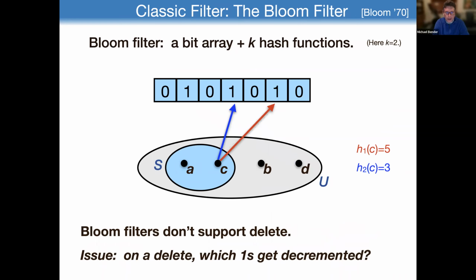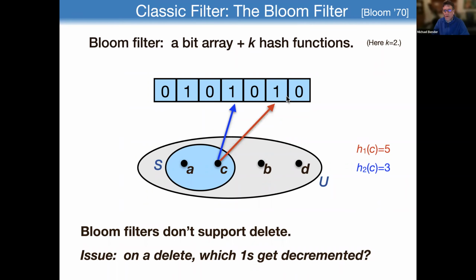I should also point out that Bloom filters don't support deletes. And this is because on a delete, how do you know which ones get decremented? How do you know whether you can decrement a 1? So if we decide to delete c, well, c points to position 3, and this position here, position 5.